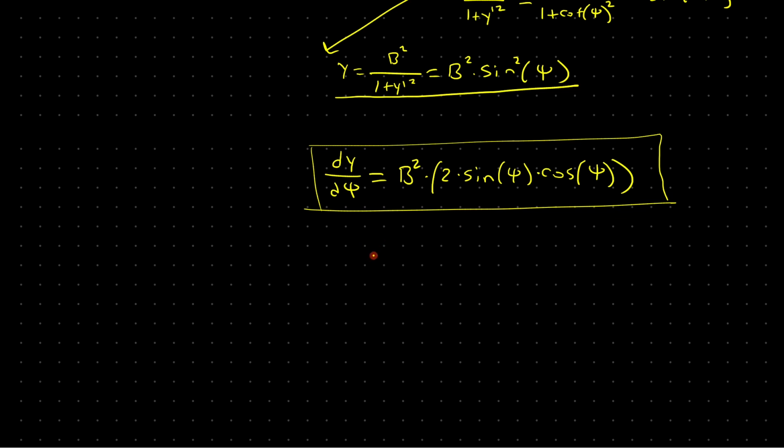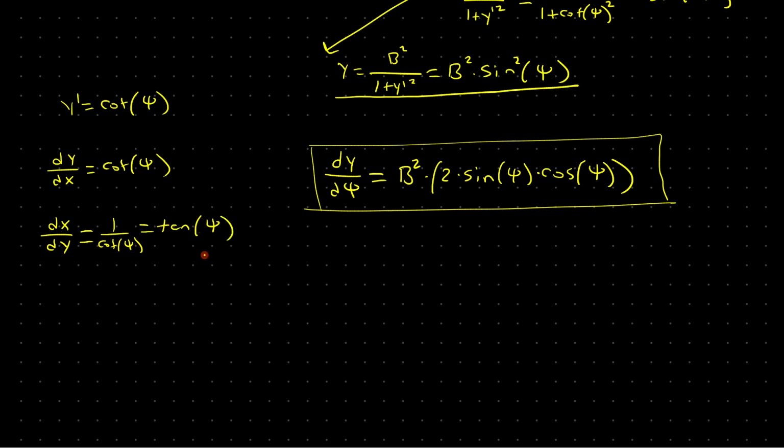And remember, we know how y relates to x. We have that y prime equals cotangent of psi. So this means that dy dx is equal to cotangent of psi, or by the inverse derivative theorem from calculus 1, the derivative of x with respect to y is going to be 1 over cotangent of psi, or this is just tangent of psi.